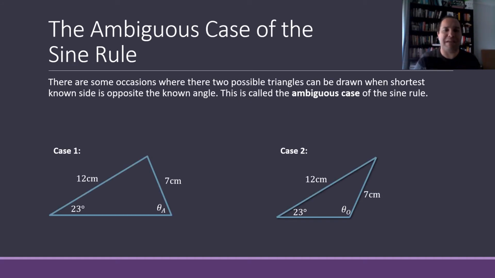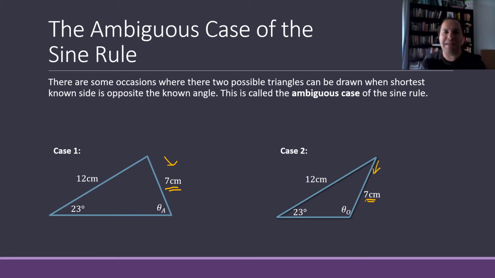All right, so there are some occasions where there are two possible triangles that can be drawn. This usually happens when the shortest known side, so in this case the 7 centimeter side, is opposite the known angle. So the 7 centimeter side can go down to the right, or, as in case 2, the 7 centimeter side can go down to the left.